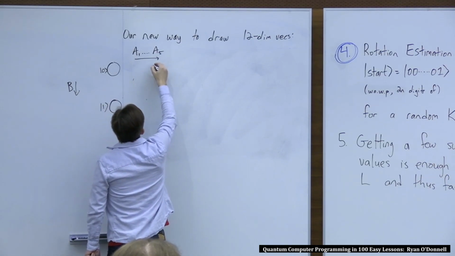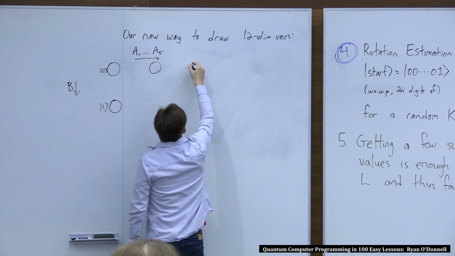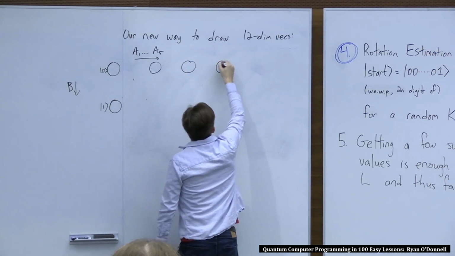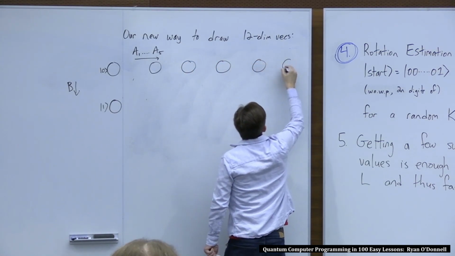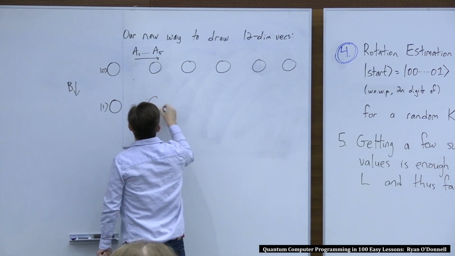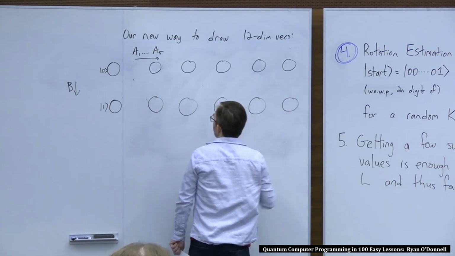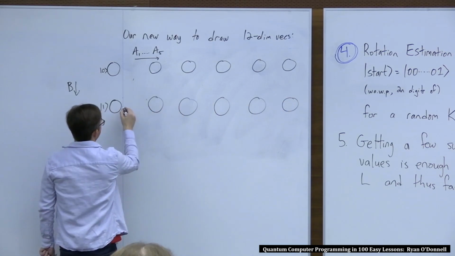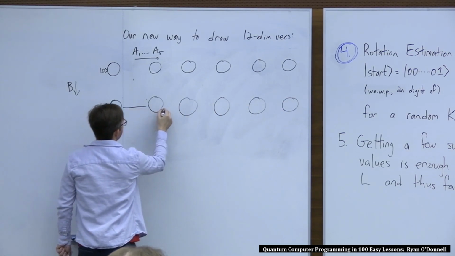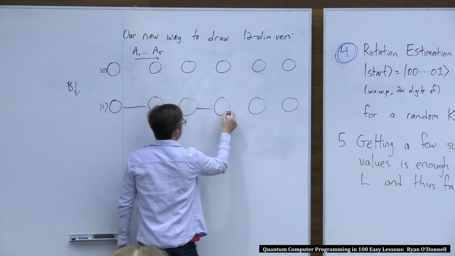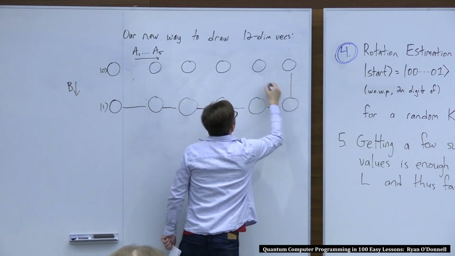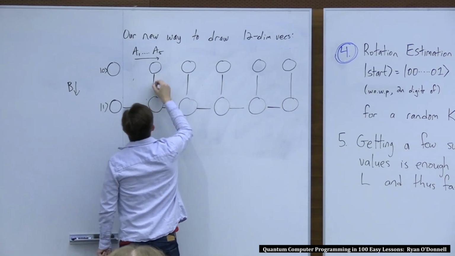So let's draw this. We're going to have 6 of them. 1, 2, 3, 4, 5, 6. Okay, and just to remind us of these square or cube pictures, I'll put these lines in here, although they don't really mean anything. But I'll put them in anyway for fun.